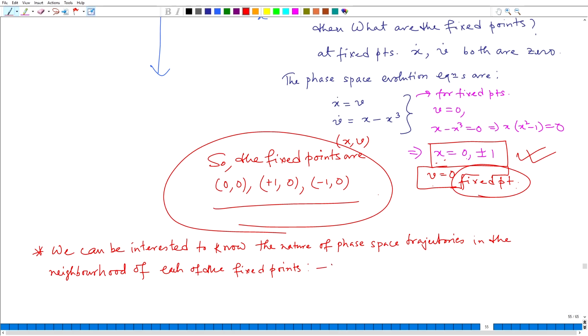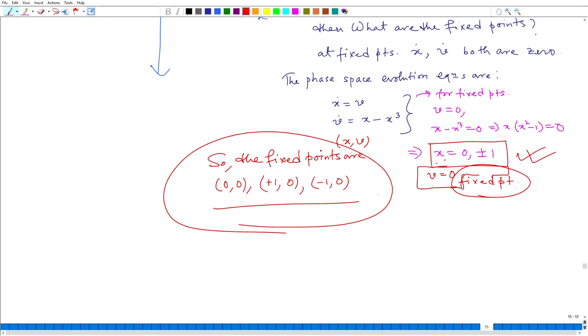Okay. Now, before going to that, try to understand what is the meaning of a fixed point. A fixed point actually is not just a point during the motion or during the evolution. Actually, if you really think, a fixed point is a point at which there is no further evolution possible.